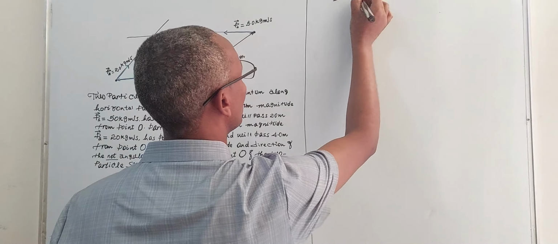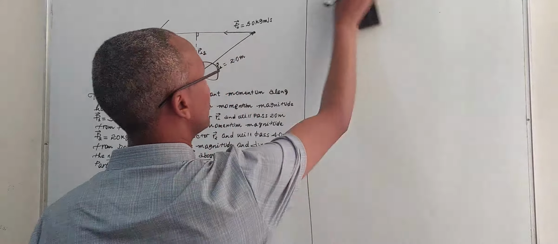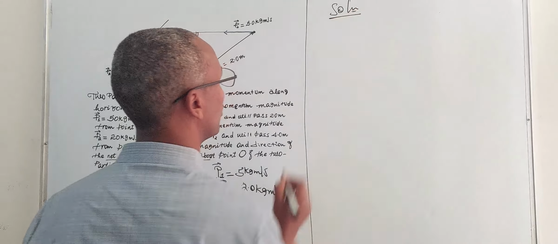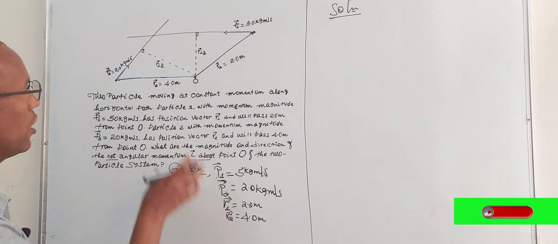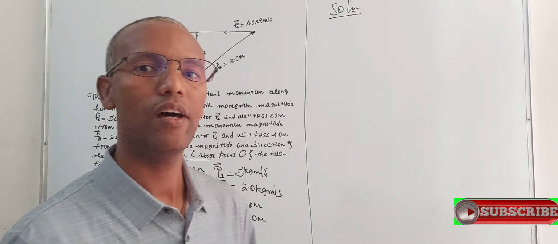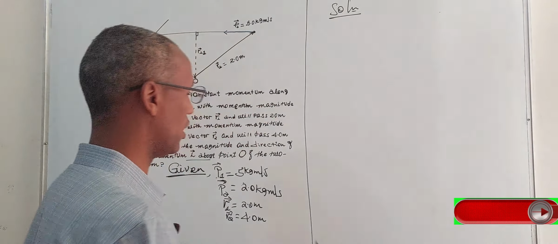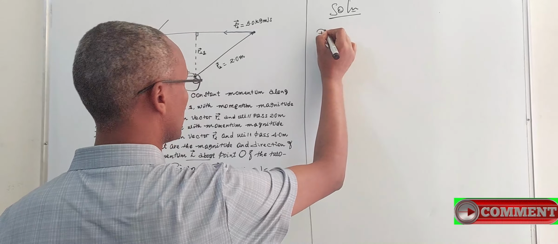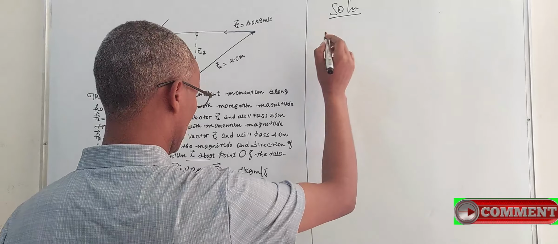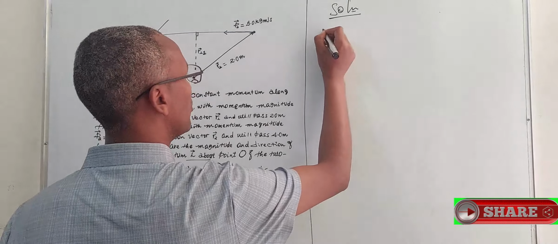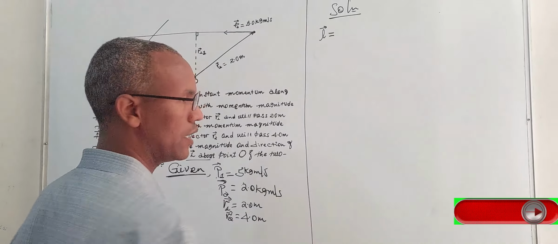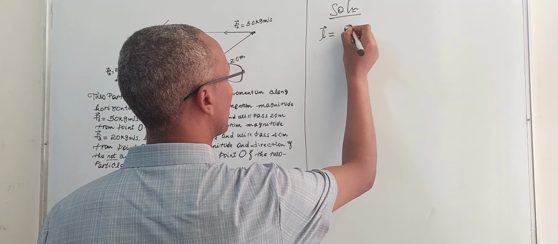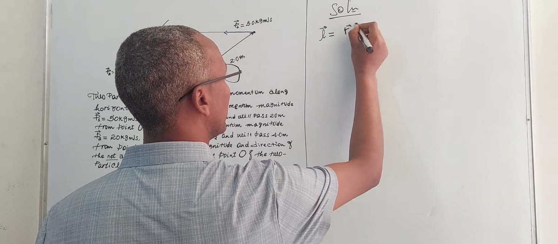Now let's proceed with the solution. In the last session, we described how to find the angular momentum of the system. Angular momentum is L, small l or uppercase L, which is equal to the position vector multiplied by the linear momentum.